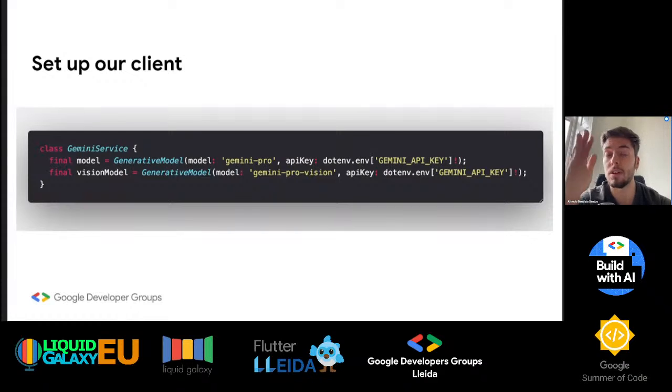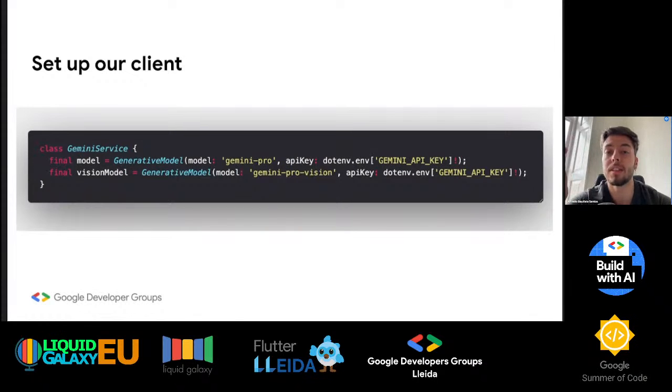Okay, to store our API key securely, in my case I use the dotenv package, so you can have your .env file in your repository, and you can fetch it from your Flutter app, and you don't have to upload it to your GitHub repository or repository in whatever place.